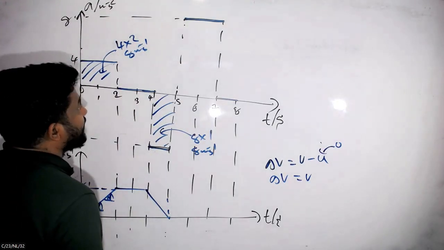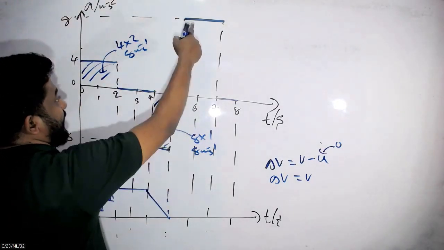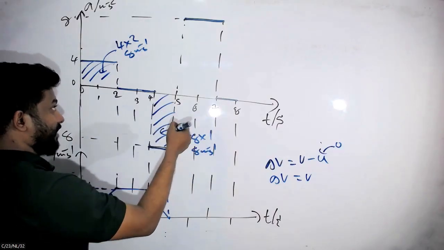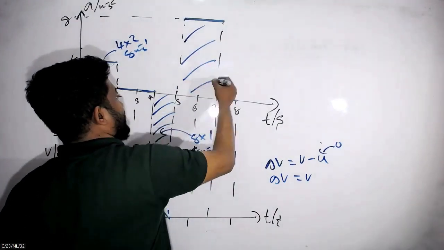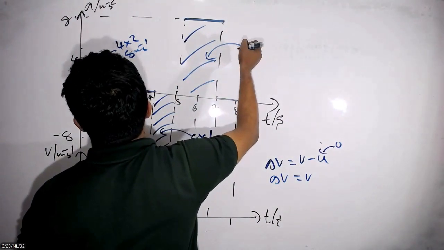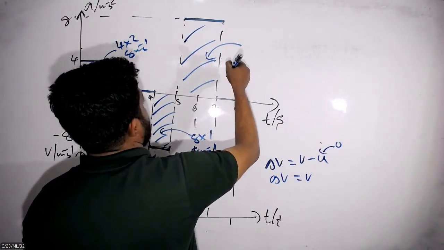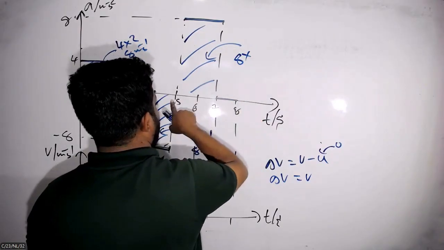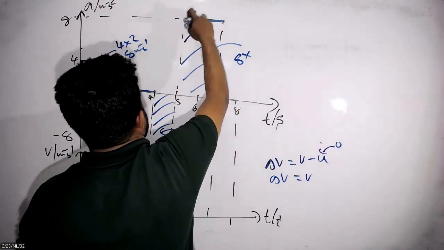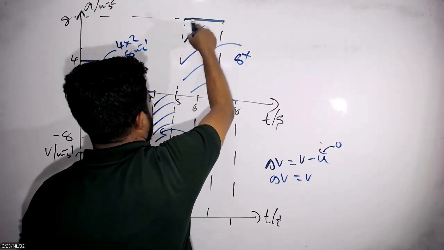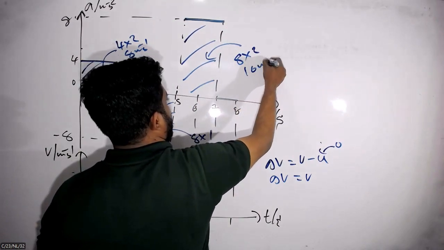Right. Then this object again accelerates. It has positive acceleration. Due to this acceleration, its velocity increases. The velocity change is 8 into 2, area under the curve, 16 meters per second.